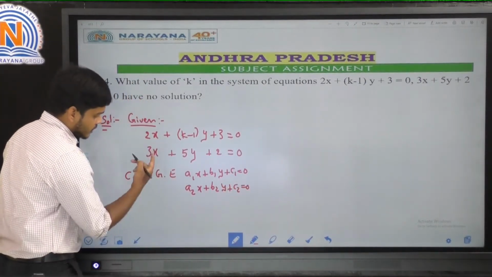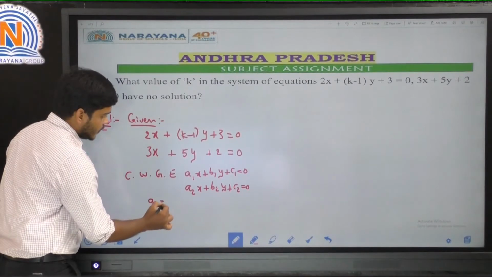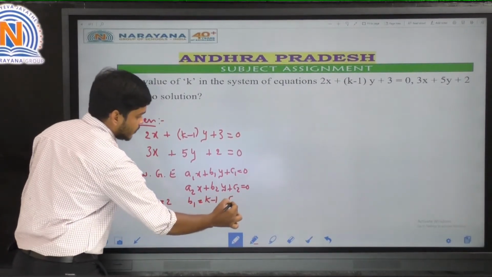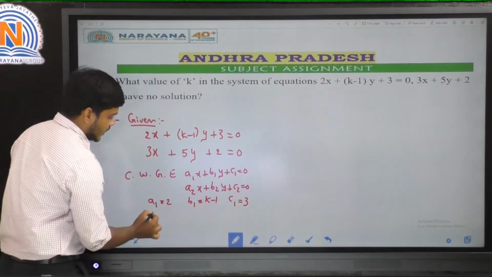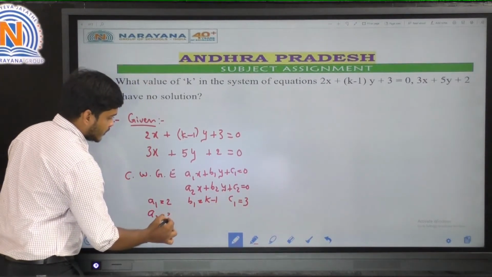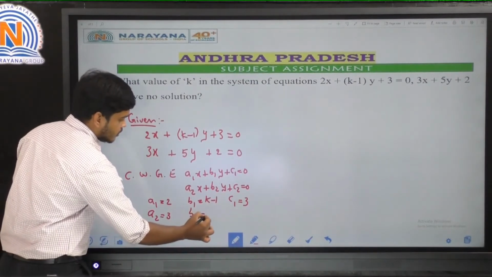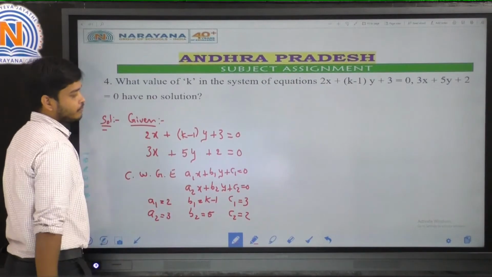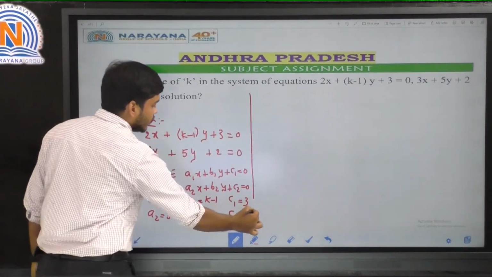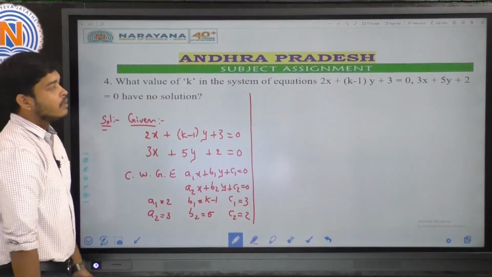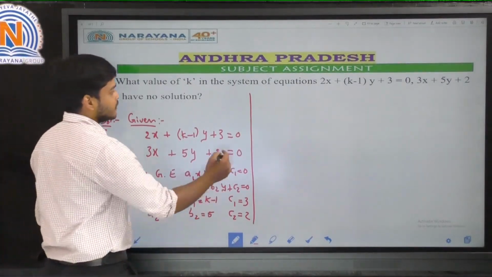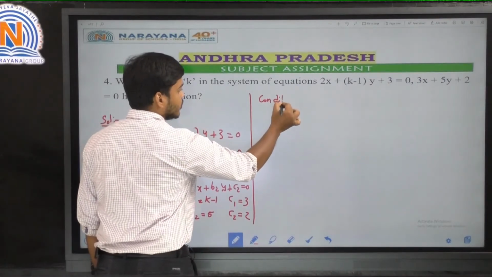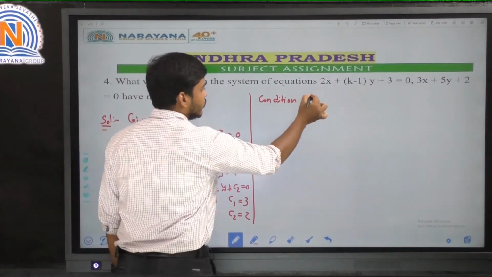So write the coefficients. a1 is 2, b1 is k minus 1, c1 is 3, and a2 is 3, b2 is 5, and c2 is 2. Now the condition for parallel lines.